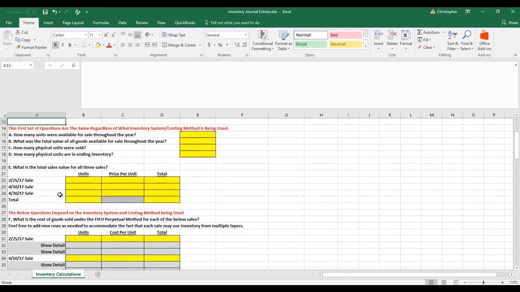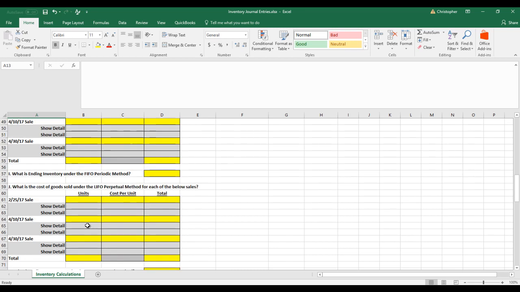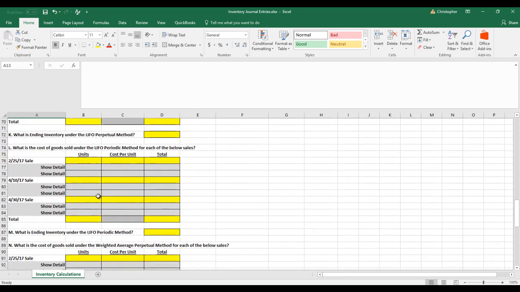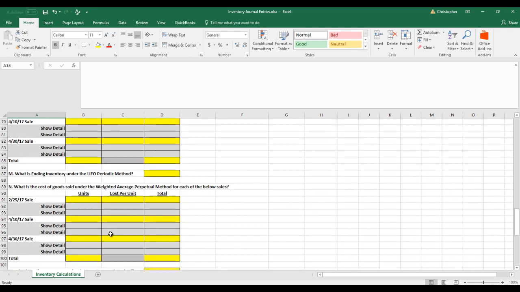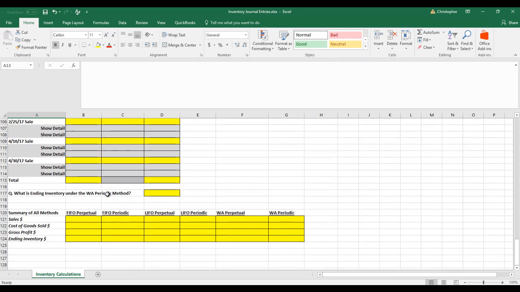As you can see down here, we're going to be talking about perpetual and periodic for each of the methods. So FIFO perpetual and periodic, LIFO perpetual and periodic, weighted average perpetual and periodic as well.